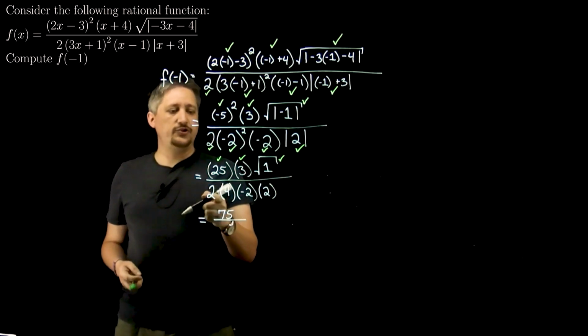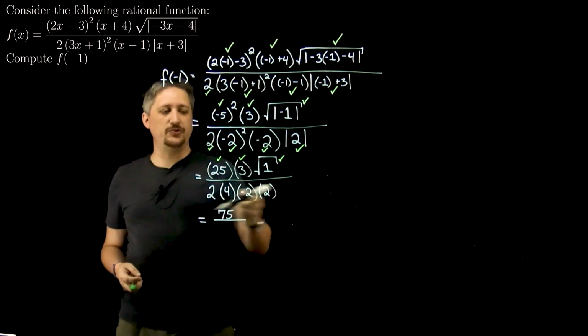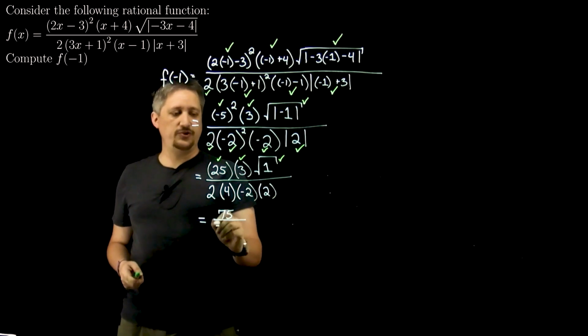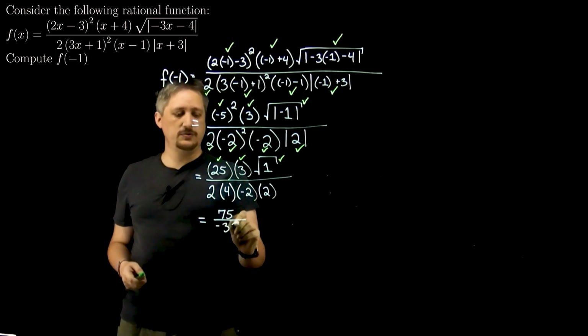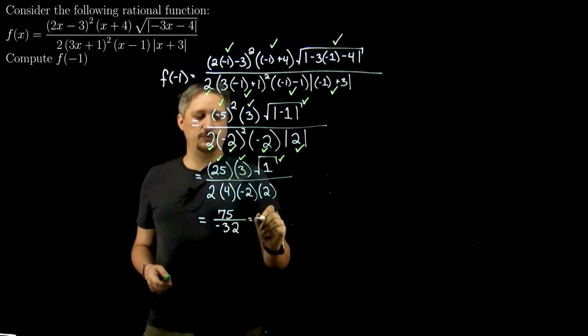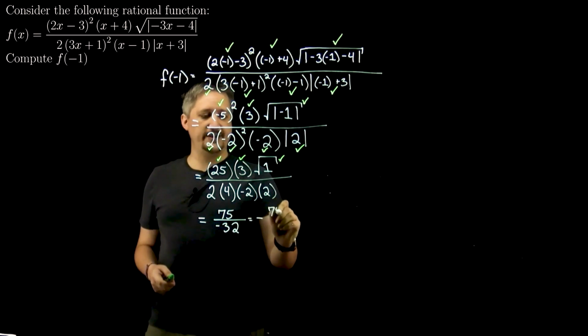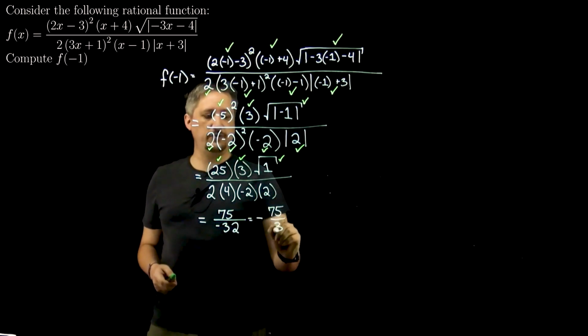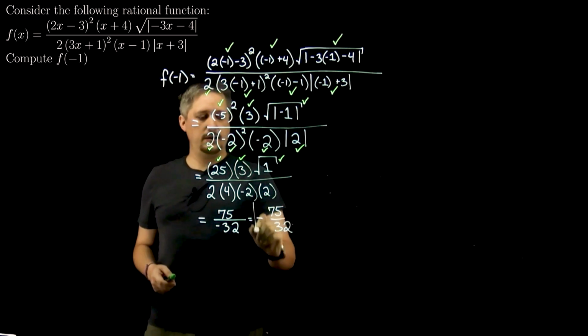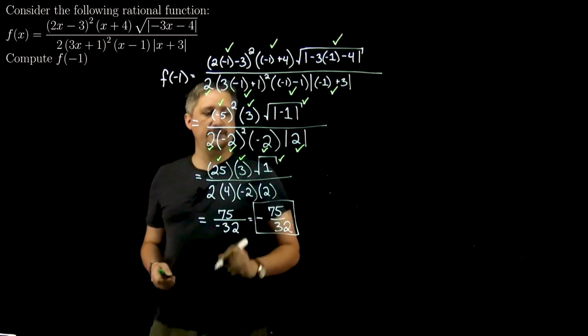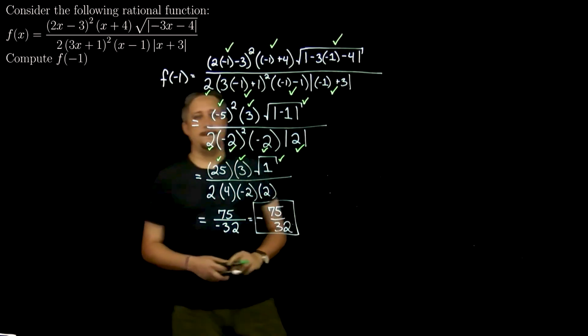In the bottom, 2 times, right, I can do it in any order. So we're going to do 2 times 2 is 4, times another 4 is 16, times negative 2 is going to be negative 32, which just to make it look a little prettier, I'm going to pull a negative out. So it's negative 75 over 32. There is my answer. Okay.